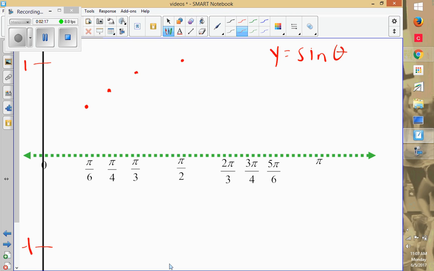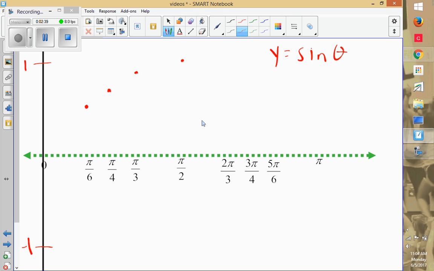And we have the angles 2 pi over 3 and 3 pi over 4 and 5 pi over 6. And they happen to have reference triangles that are pi over 3, pi over 4, and pi over 6. And in the second quadrant where these angles lie, sine is positive.